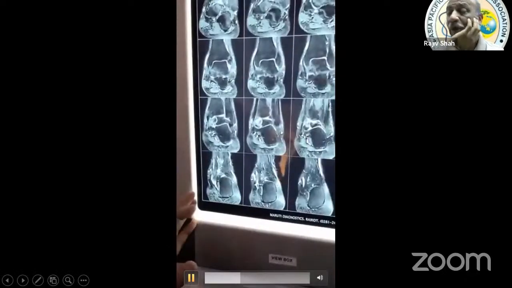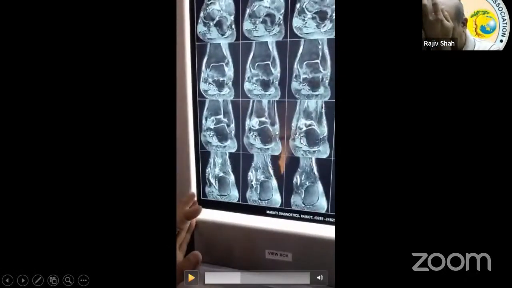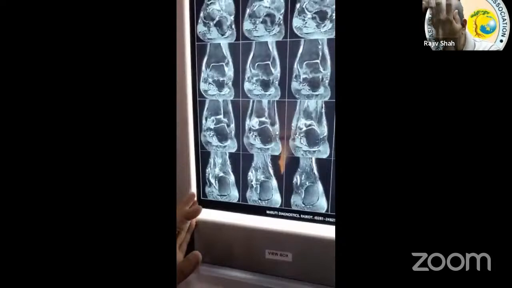So the first orthopedic surgeon just gave a crepe bandage. The second orthopedic surgeon gave a 3 weeks plaster. The third orthopedic surgeon gave plaster, got an MRI and gave plaster.